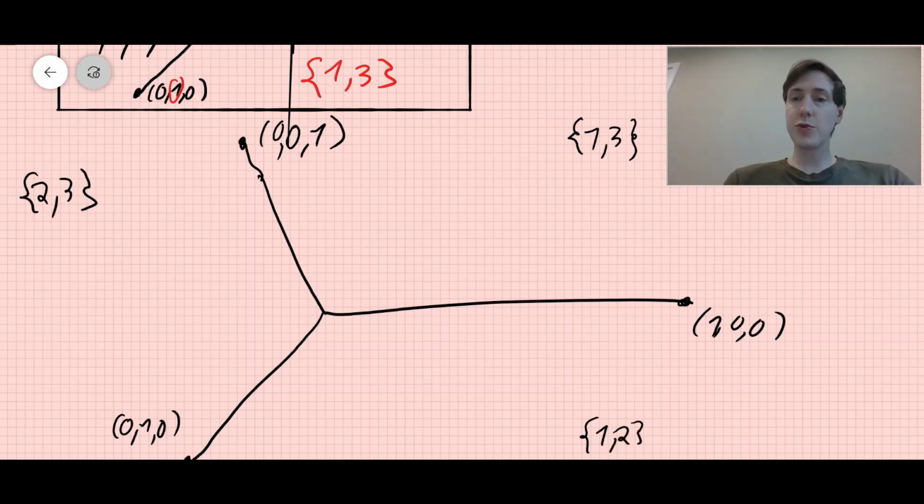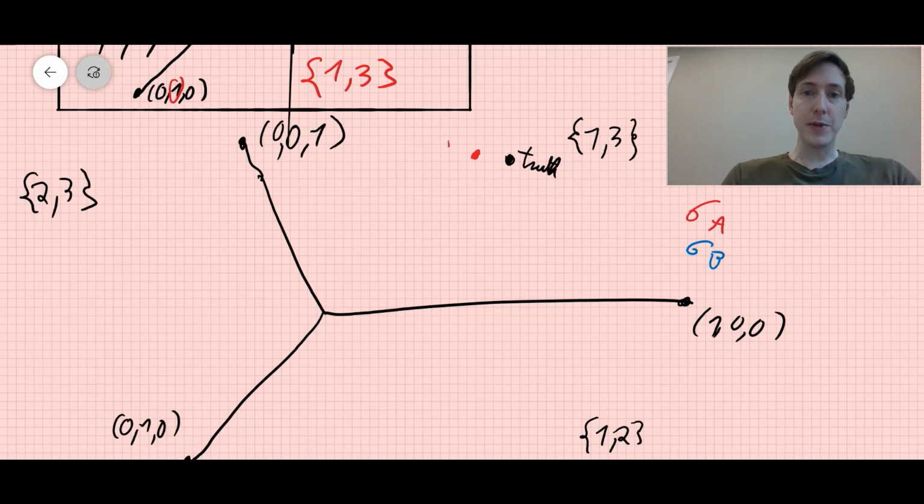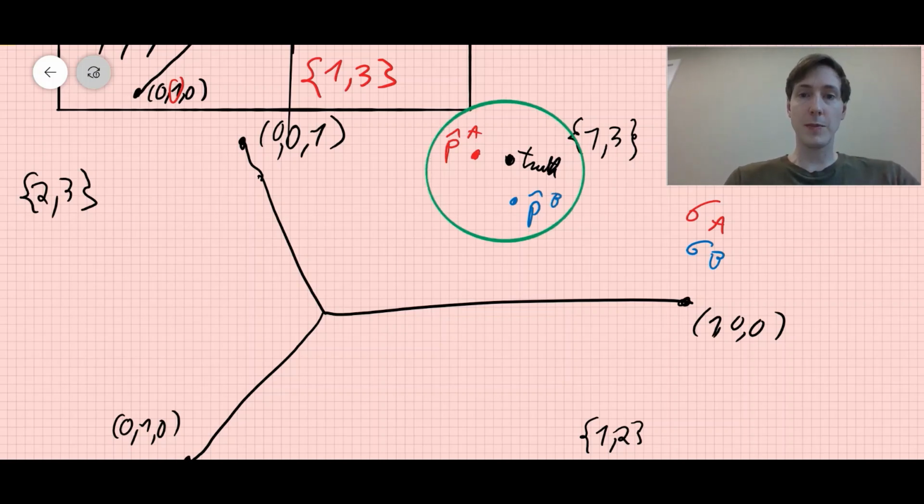Now we have these two maps, sigma A and sigma B, right? And sigma A is, again, if the truth is here, this is a truth, then maybe Alice observed a point here, this is P hat A, and Bob observed a point here, this is P hat B, and the difference between the two must be at most 1 over square root T. Okay?